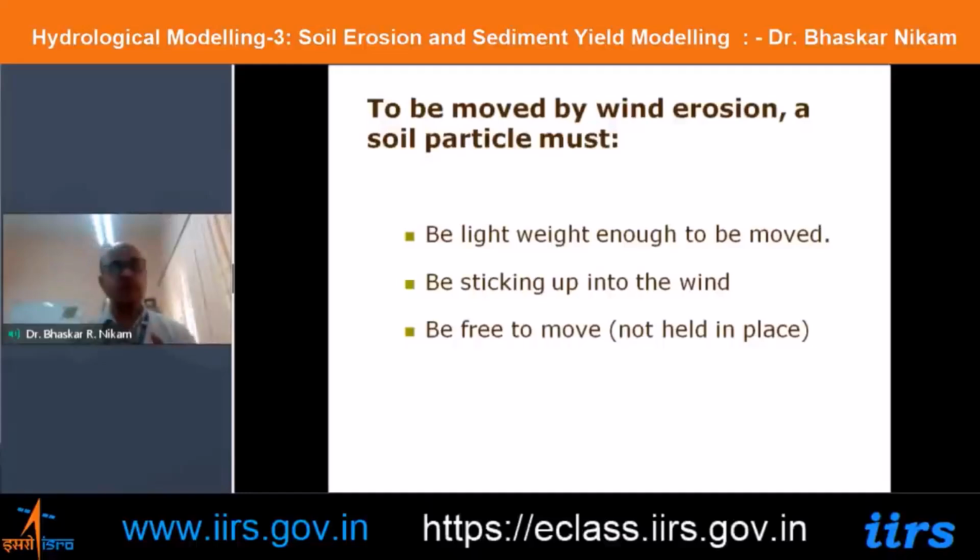So if we want to avoid the erosion of soil due to wind, what can we do? One, we can make those particles stick together, which can be achieved by keeping the soil in wet condition. If the soil is dry, the force of attraction between molecules will be less.